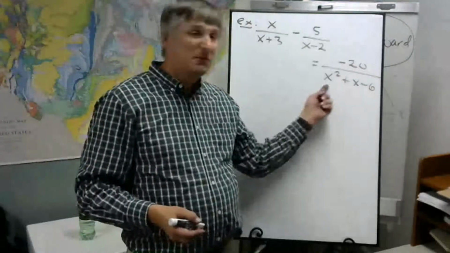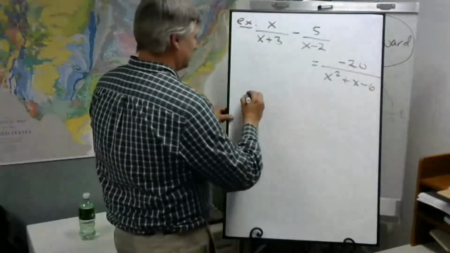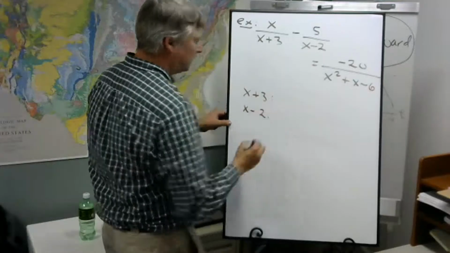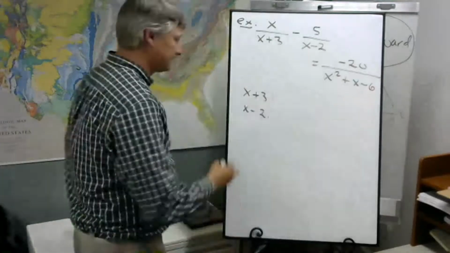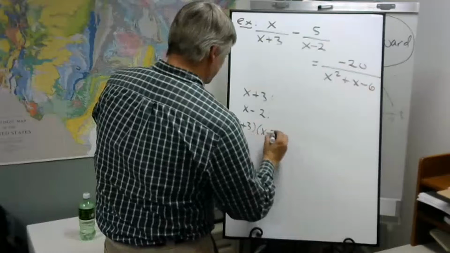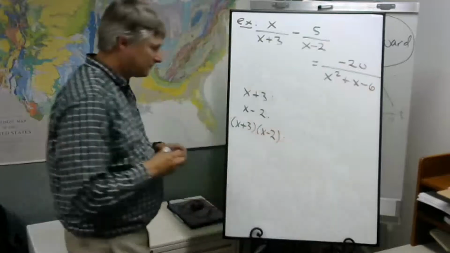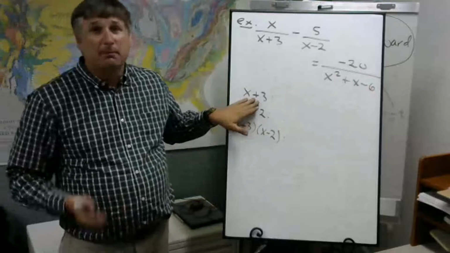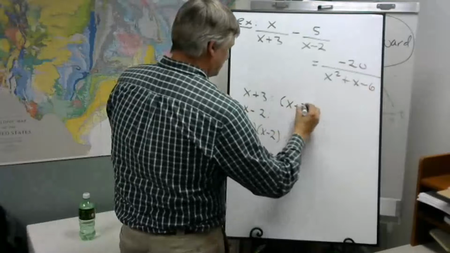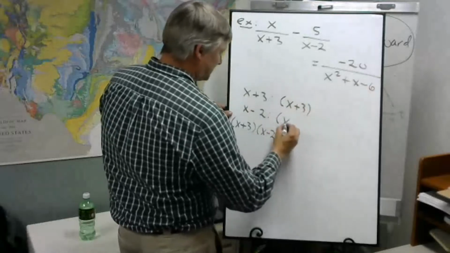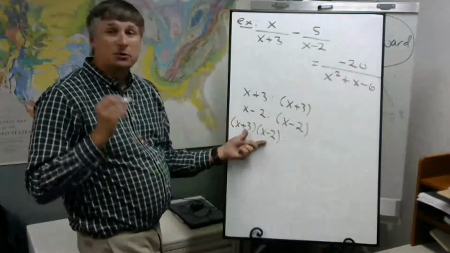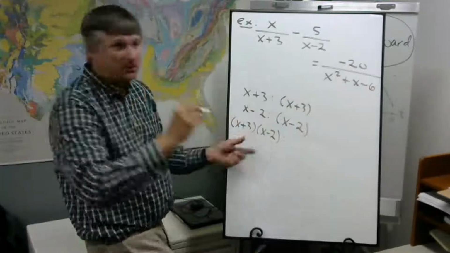Now, again, factor this first. So we have x plus 3, x minus 2. And if we factor this, x plus 3 times x minus 2. So these are first degree binomials. Now this one is already there. First degree binomial, product of two first degree binomials.